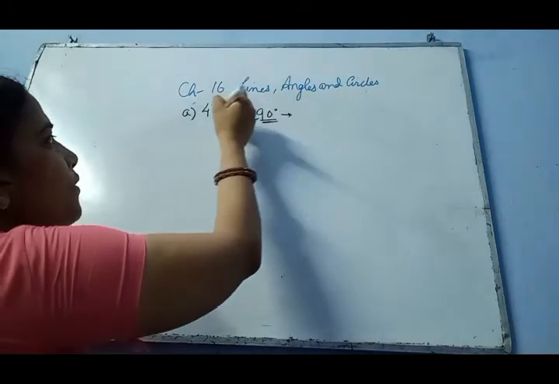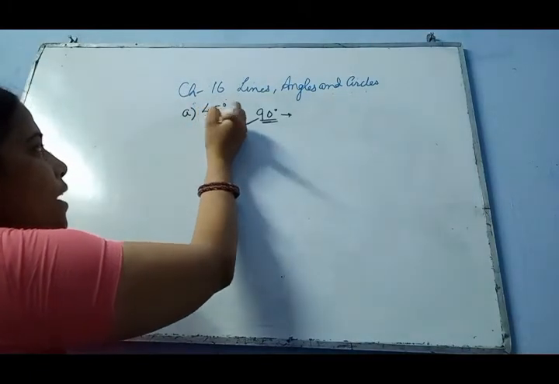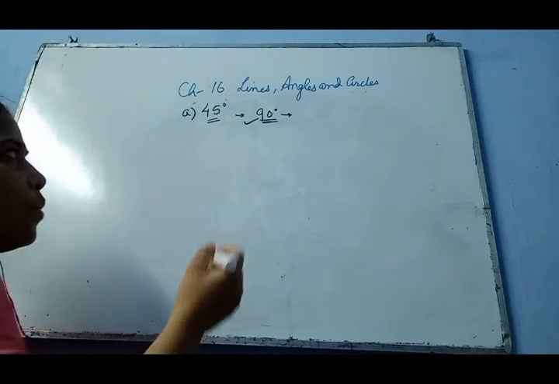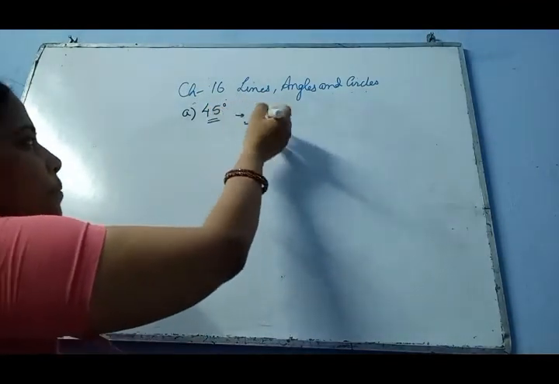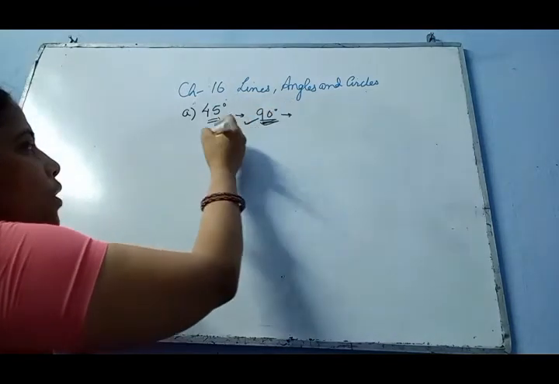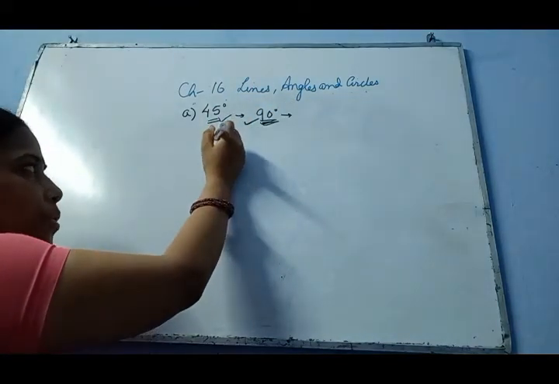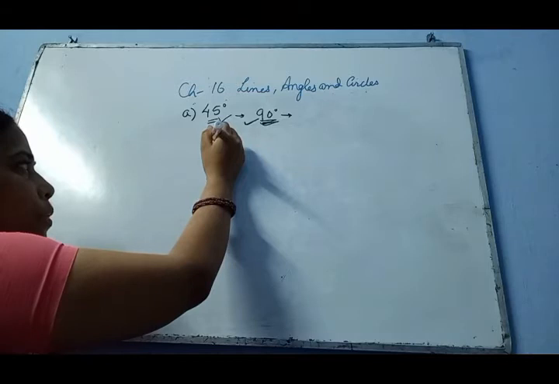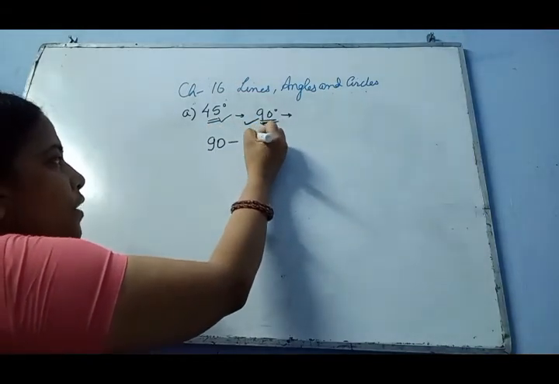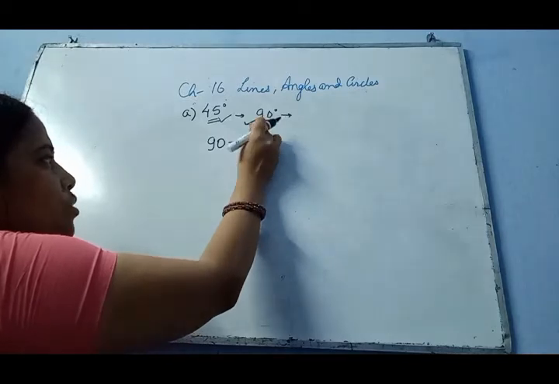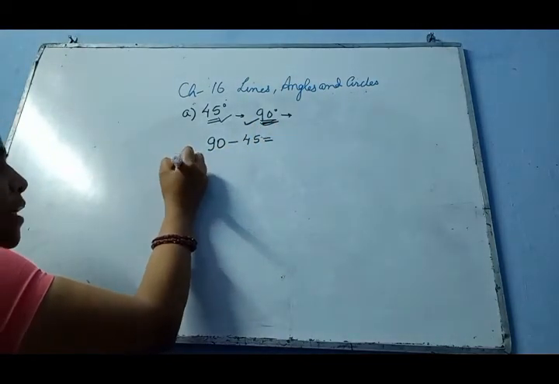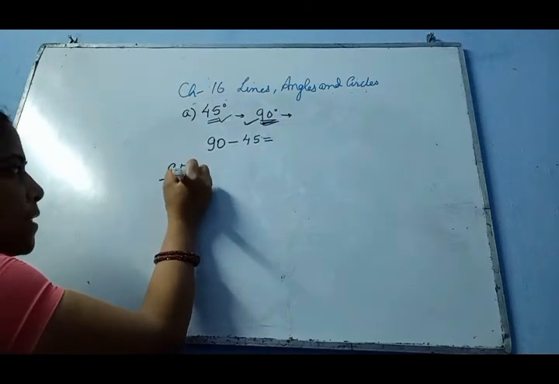So we have to make this 45 into 90. Which degree is missing so that it becomes 90 degrees? For this, we will have to subtract 45 from 90. Let us see.